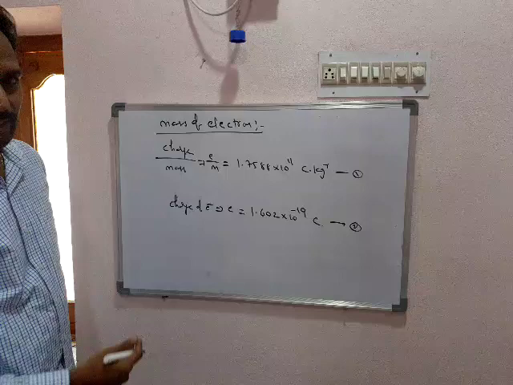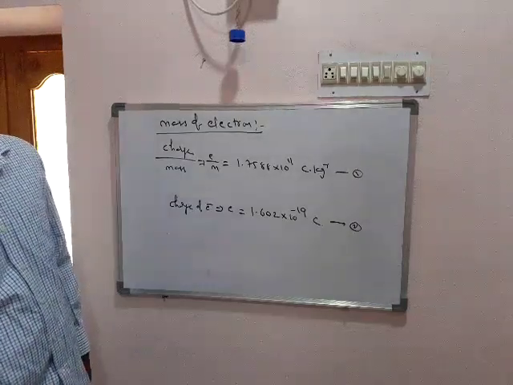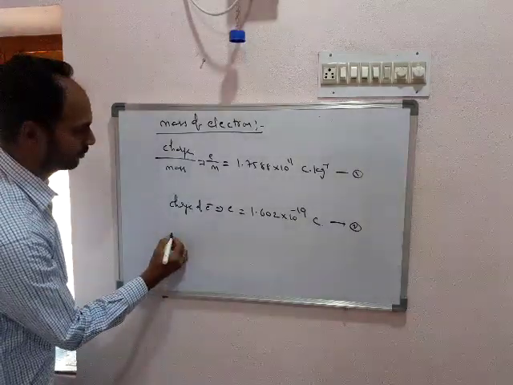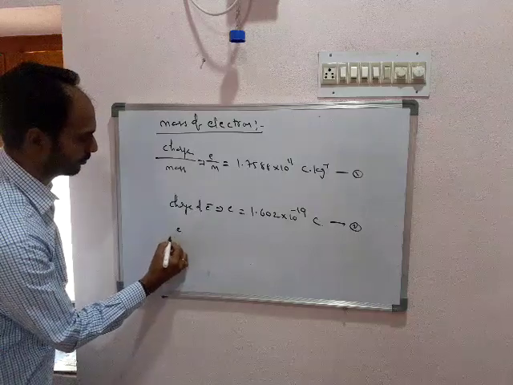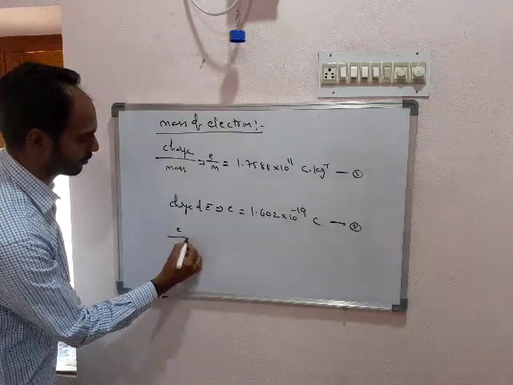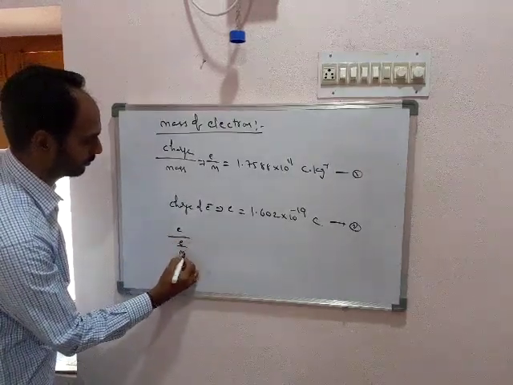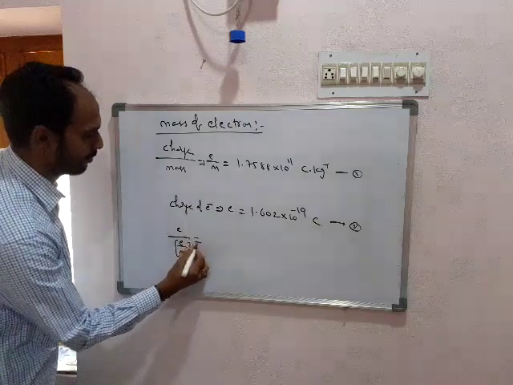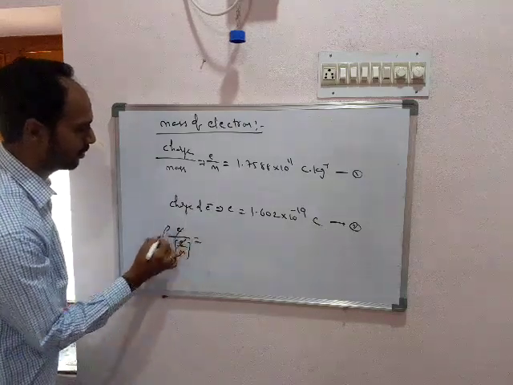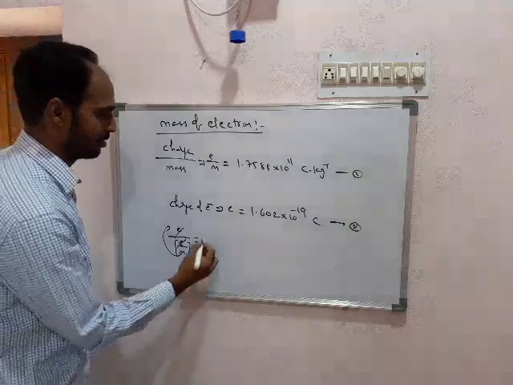So by dividing these two, e by m, we will get the mass.